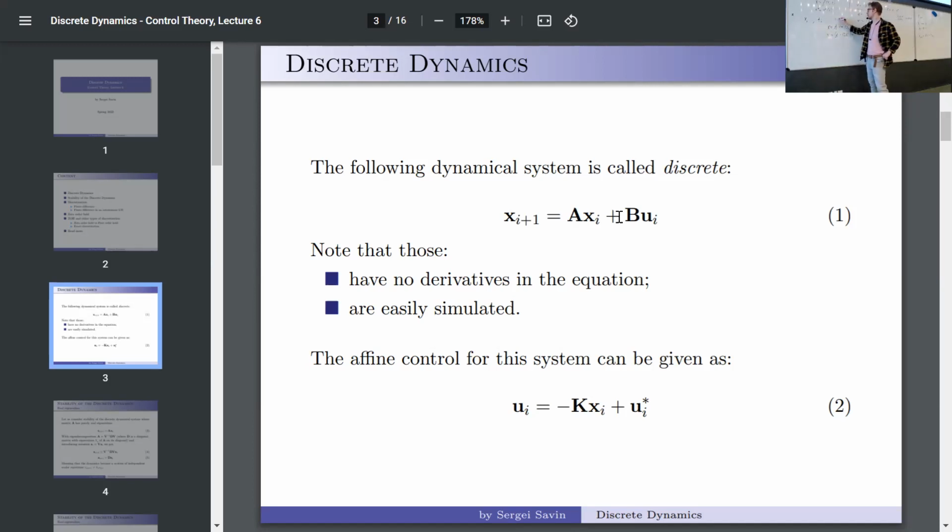We can set it something like this, and we'll go here. What it means in practice is, for example, for a motor, how we design the voltage applied to the motor. For a quadrotor, it is the thrust of the quadrotor. For a rocket, it will be the direction and thrust of the engines.